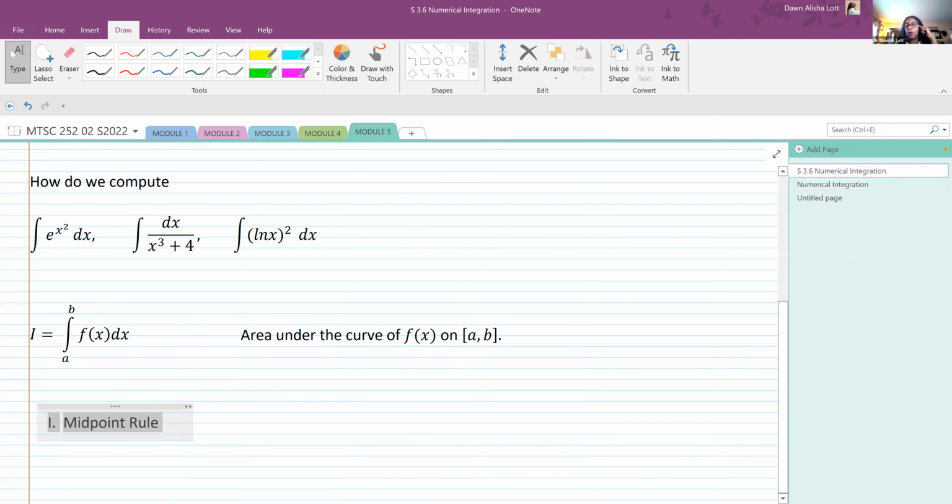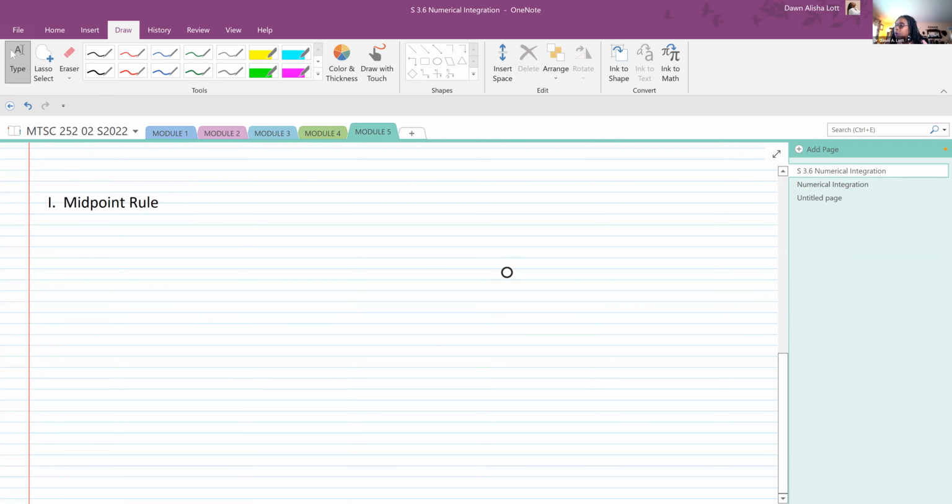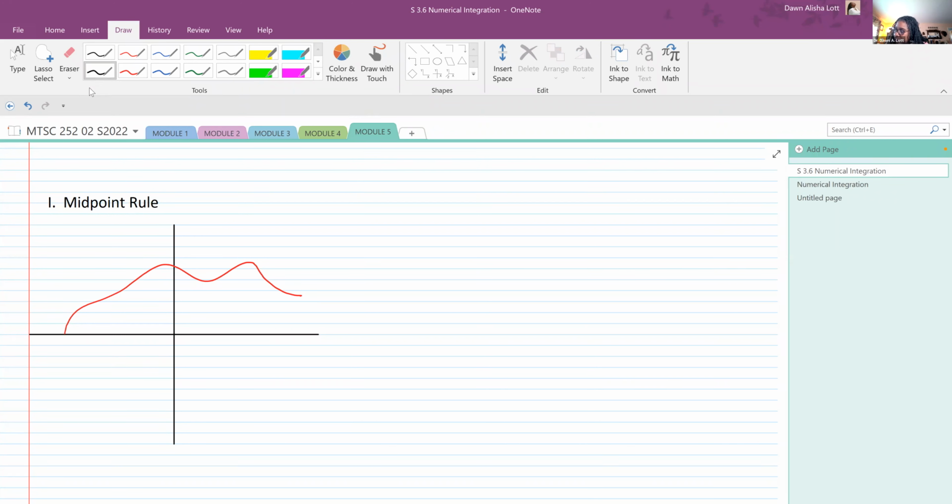And so here I'm going to draw a picture, and I want to compute the integral from a to b of f of x dx, where this function is my function f of x.